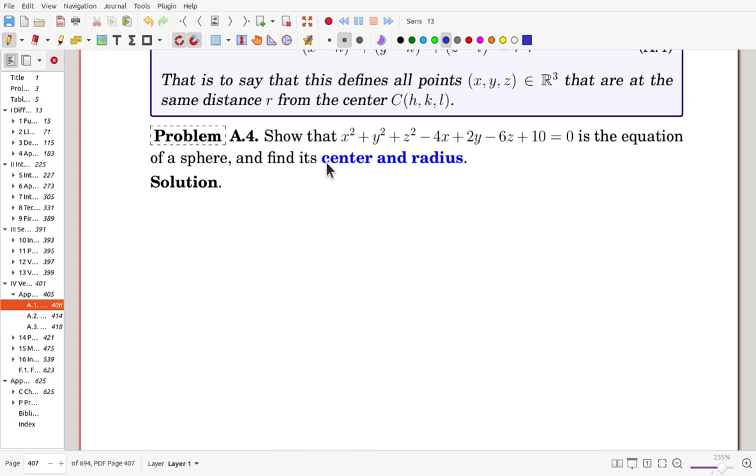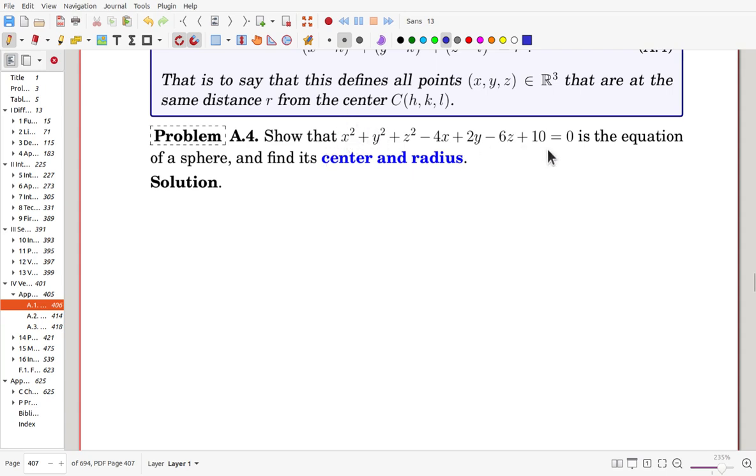Once you are dealing with circles or spheres, the major components are the center and the radius. In most cases, you should start with finding these two major components, the center and the radius.